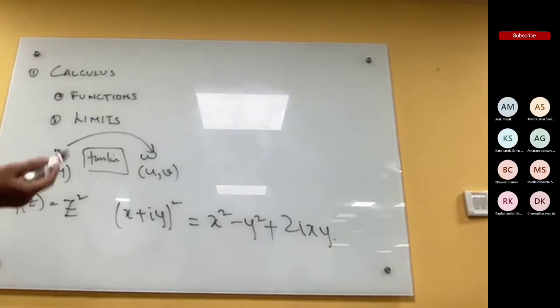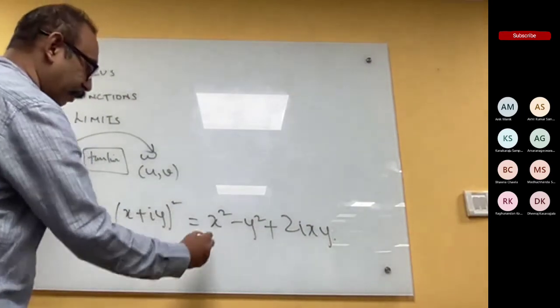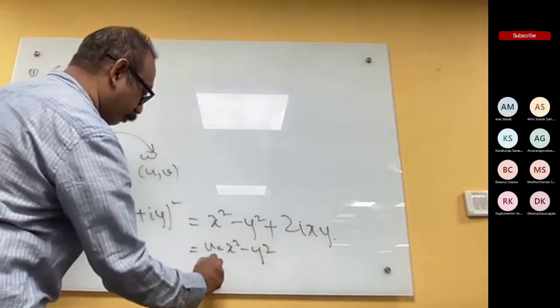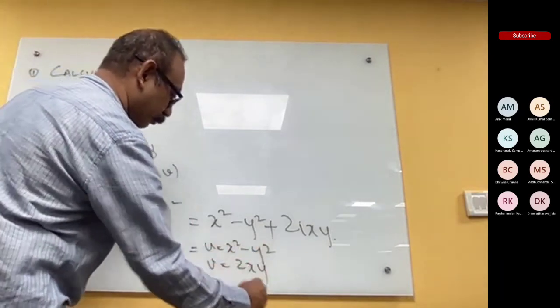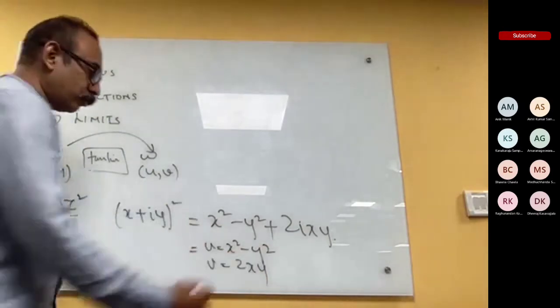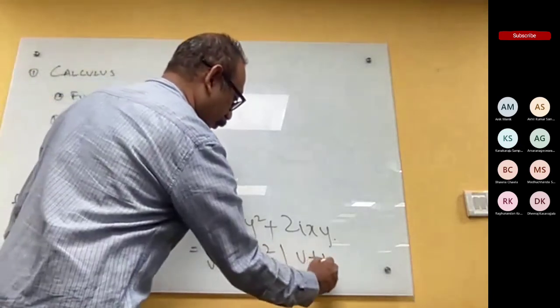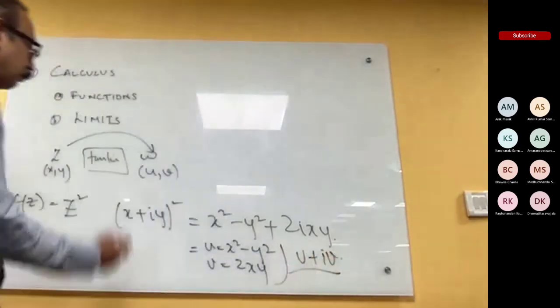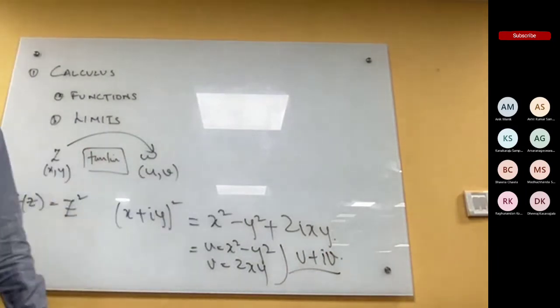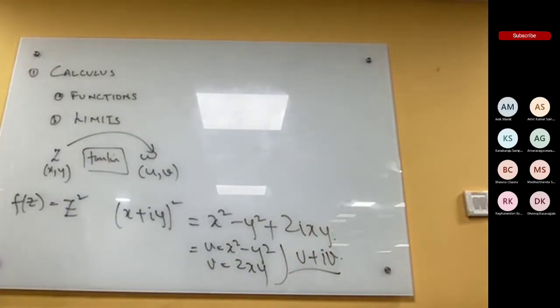Correct. This can be written as u plus iv, where u equals x square minus y square and v equals 2xy. Correct? So u is this, v is this, right? Simple. So this is what it is.